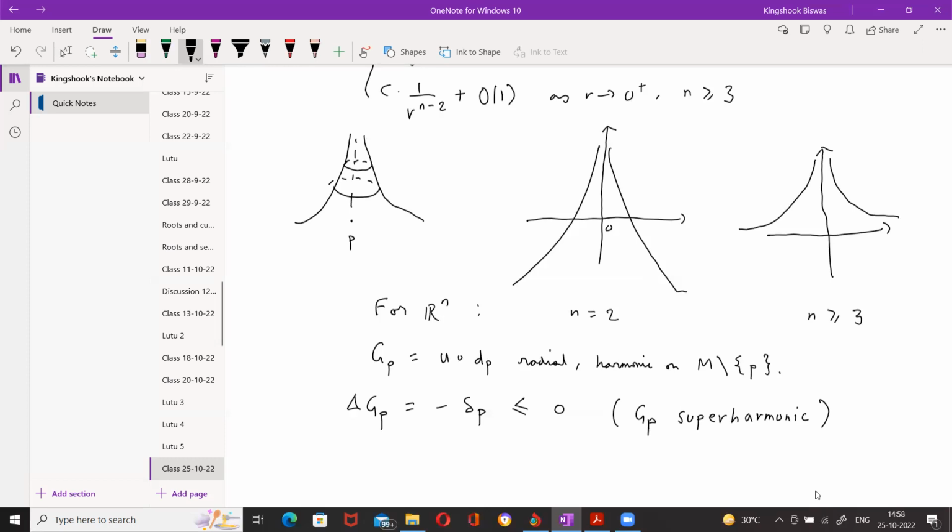From the viewpoint of potential theory, it is important to classify Riemannian manifolds into two types: those which have a positive superharmonic function and those which do not. In R2, there is no positive superharmonic function on all of R2, whereas in Rn for n greater than or equal to 3, you do have positive superharmonic functions, these Green's functions.